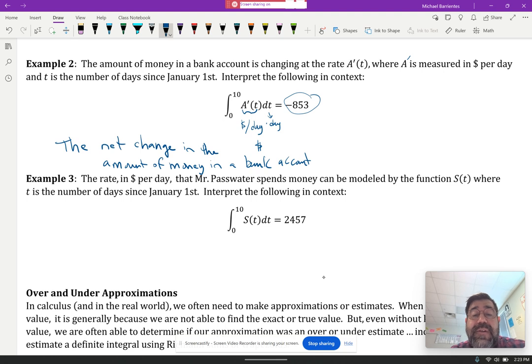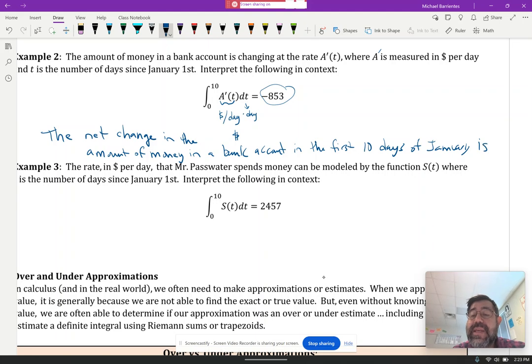You could say from January 1st to January 10th, or you can also say in the first 10 days of January is, let me put the dollar sign first, negative $853.